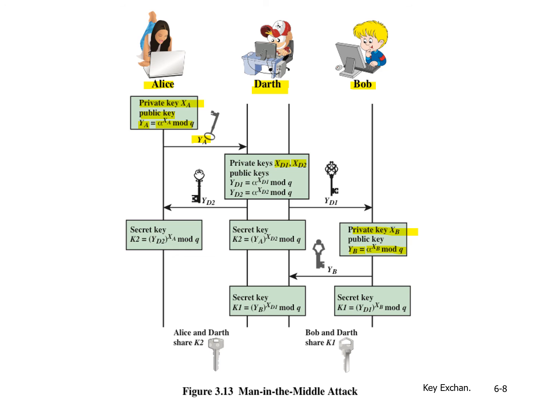XD1 is for Bob, XD2 is for Alice. Das generates YD1 based on XD1 and YD2 based on XD2, because Alice and Bob already know the global parameters alpha and q.